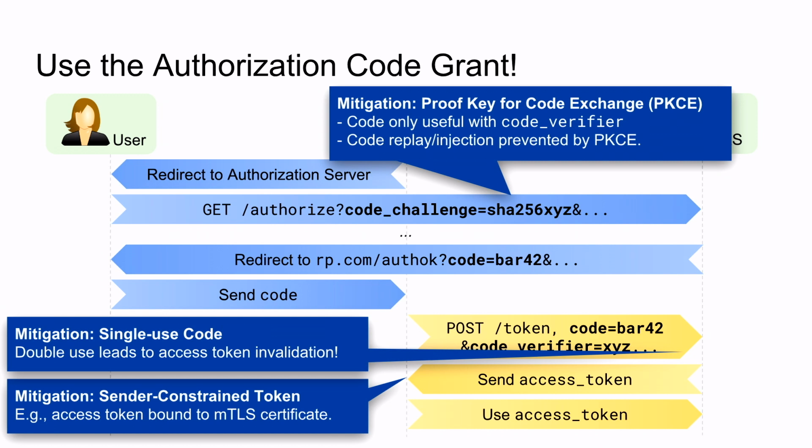And the client sends that certificate in this connection. The server will then bind this access token to the client certificate, and anybody using that access token has to present the same client certificate. That's OAuth token binding using mutual TLS, and it's a very good mechanism for sender constraint tokens.